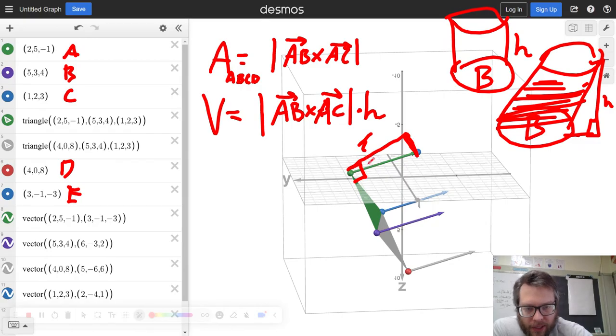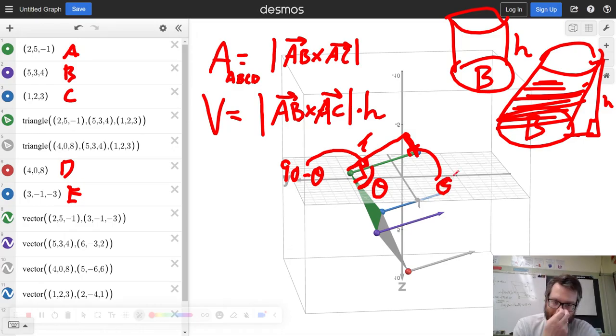Let's call this angle that AE forms with the base of the parallelepiped, let's call that angle theta. What that means is that this angle on the inside of the triangle right here is 90 minus theta, and that this angle up here is just theta once again.